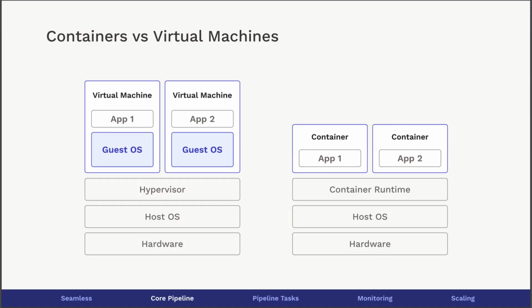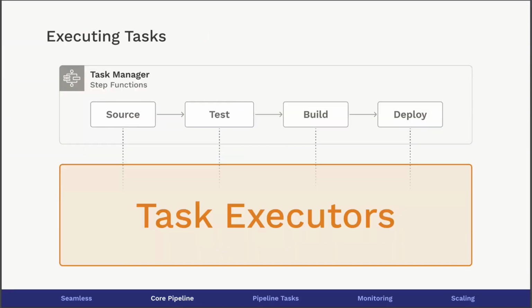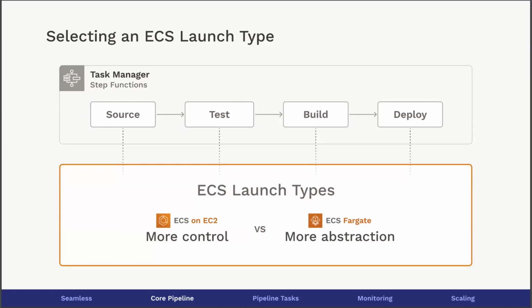After settling on using containers, our next step was to figure out how to manage containers on AWS. So on the top here is our task manager, which needs to execute some tasks in AWS. There are two services that can do this for us, ECS on EC2 and ECS Fargate. Both of them can run containers, but the main difference is who manages the virtual machines where the containers are placed.